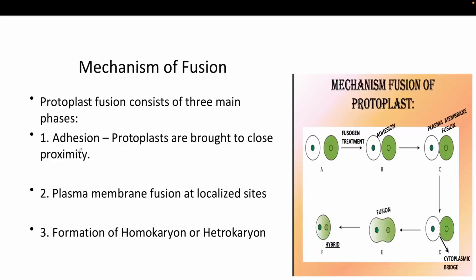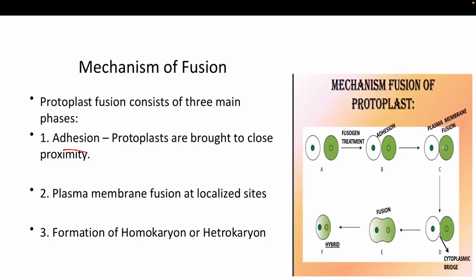Firstly, the adhesion happens. When you treat with the fusion solution, these two protoplasts come together and adhere to each other. Here you can see. After a certain time, through some kind of chemical reaction, the plasma membrane will open, or fuse together.